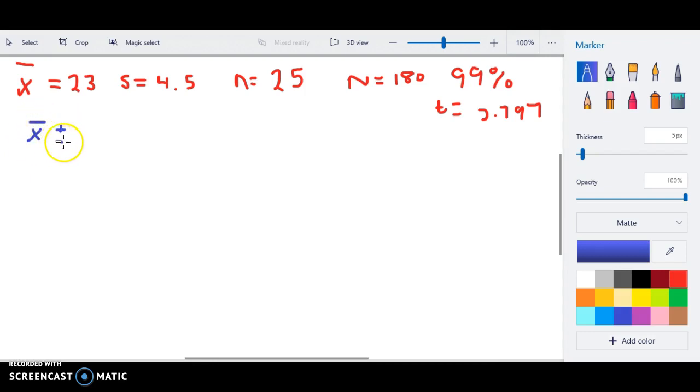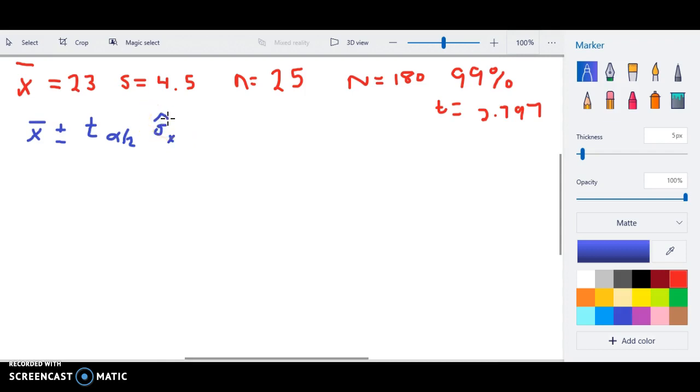We're going to have the mean plus and mean minus, an upper and a lower limit, the t-score, which is alpha divided by 2, and we already know what's going to go there, times the standard error of x.